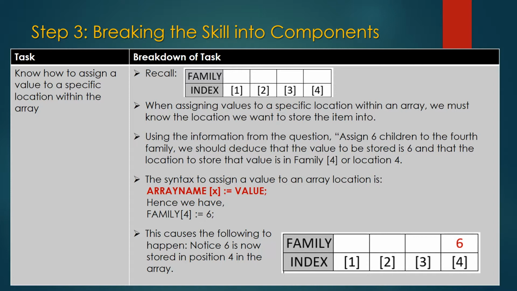Using the information from the question, assign 6 children to the 4th family, we should deduce that the value to be stored is 6 and that the location to store that value is in family 4 or location 4. The syntax to assign a value to an array location is array name, open square brackets, X, close square brackets, colon equal, that is the assignment statement there, value, semicolon.